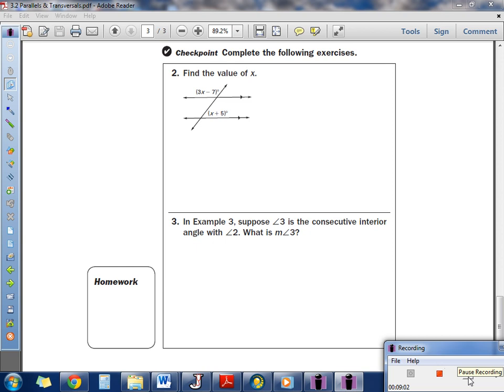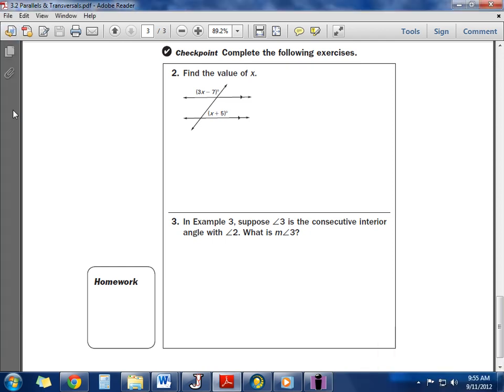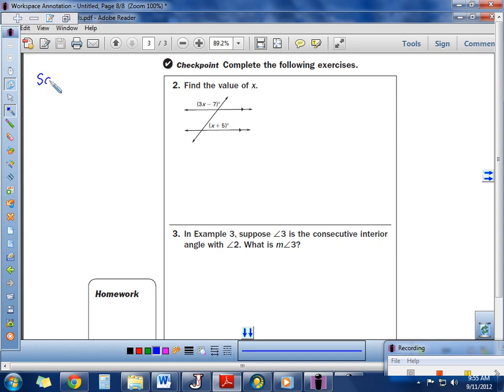So here are the checkpoints you need to be trying. All right, so number 2 is the most commonly missed problem on this section and on the test because people don't pay attention. Earlier I said, are the angles the same size or are they different? You need to write this down.